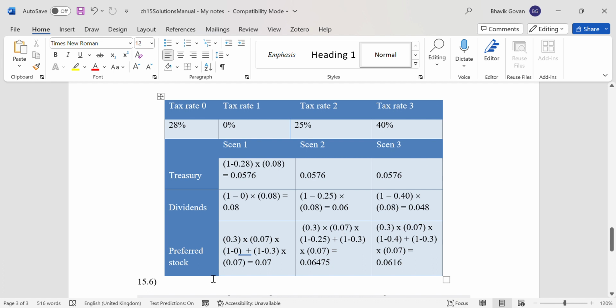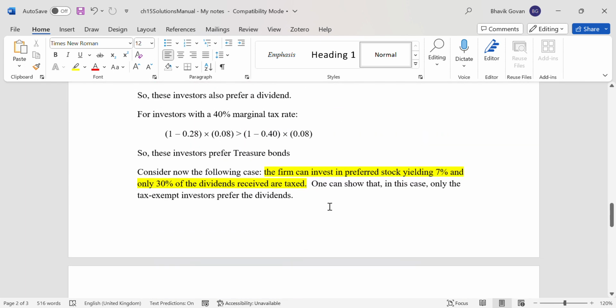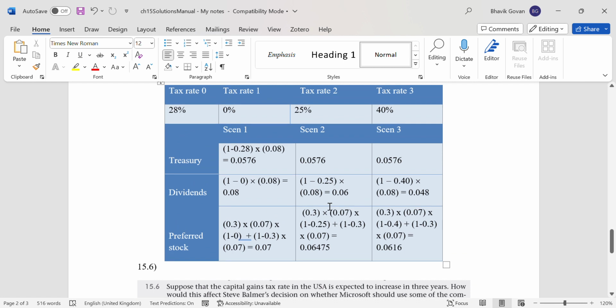Okay, and then the preferred stock, which is the one that's a bit tricky. So remember we said that of that 7% yield which they receive, only 30% of the dividends received are taxed.